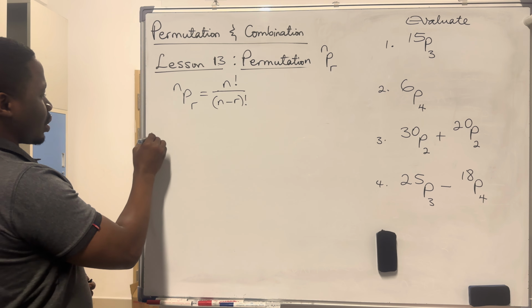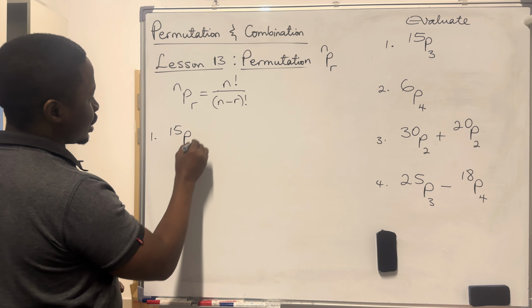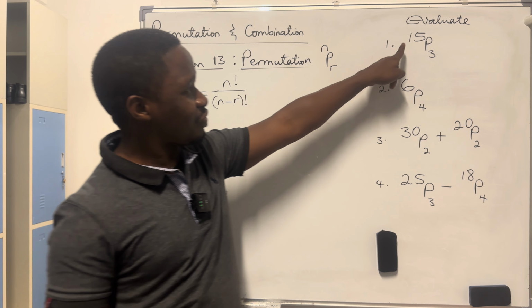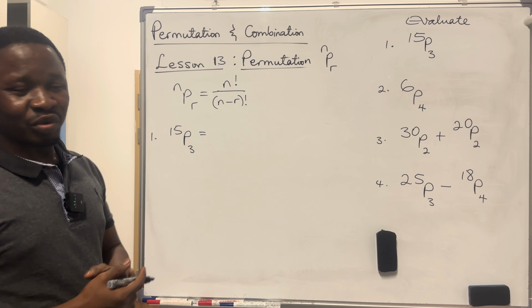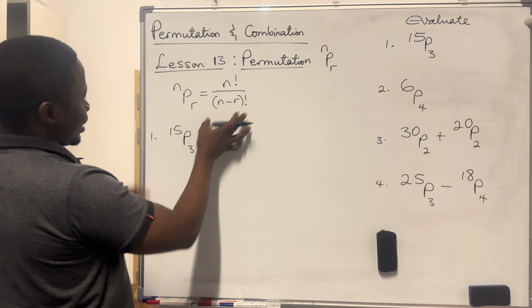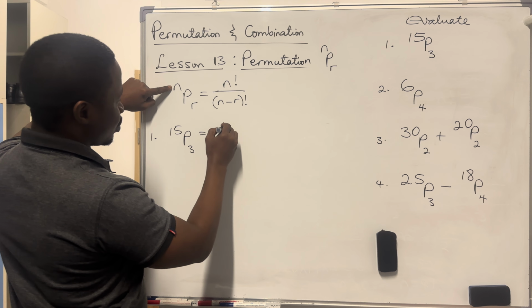The first one is to find 15 permutation 3. Look at the formula here. This takes the numerator place, so 15 goes at the top.